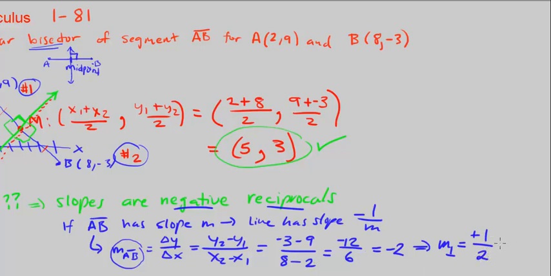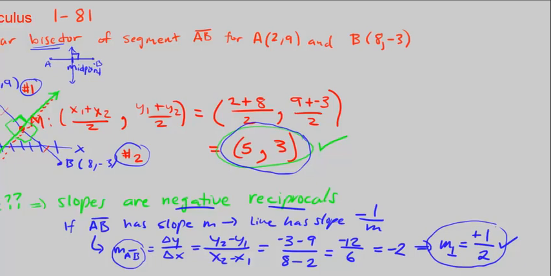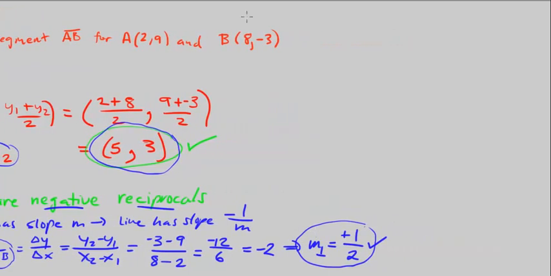Okay, so now we have the slope right here, and again we have the point, and we just need to get the equation of the line. So we can use the point slope form, and that is y minus y1 equals m times (x minus x1).